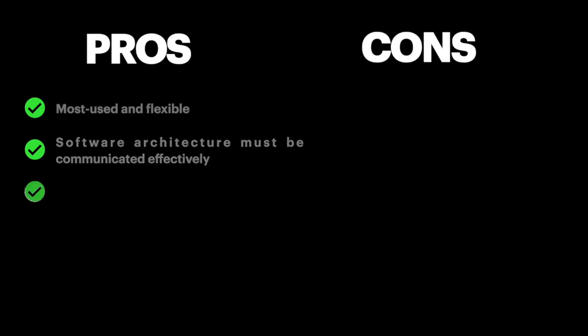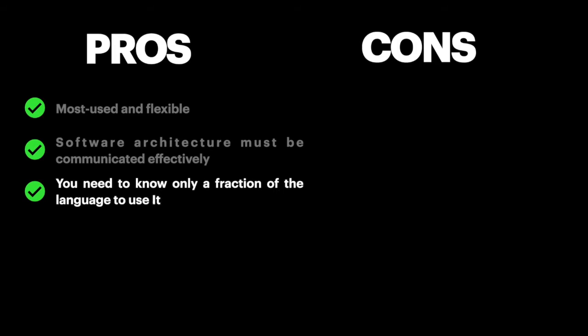Another pro is you need to know only a fraction of the language to use it. Though there are 14 different types of UML diagram for modeling applications, developers use only 3 or 4 to document a software system. Class diagrams, sequence diagrams, and use case diagrams remain the most in vogue.